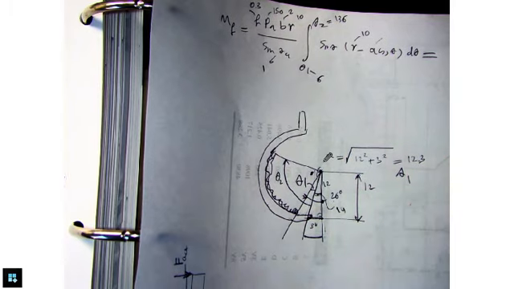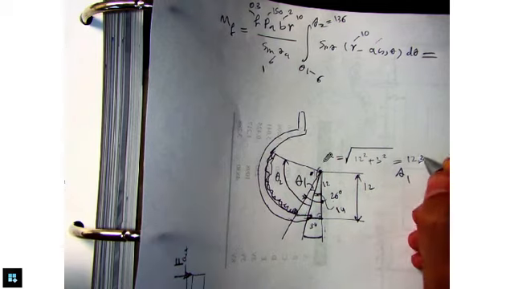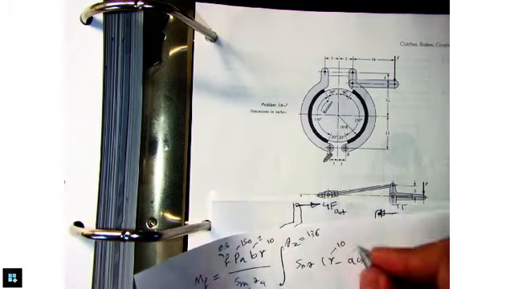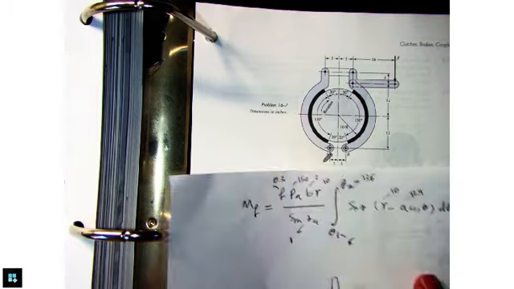Let me calculate that. 12 squared plus 3 squared, and the answer is 12.36, so 12.4. Okay, let's say 12.4. All right. So this goes here, 12.4. So I need to take this integral and find the number, okay?